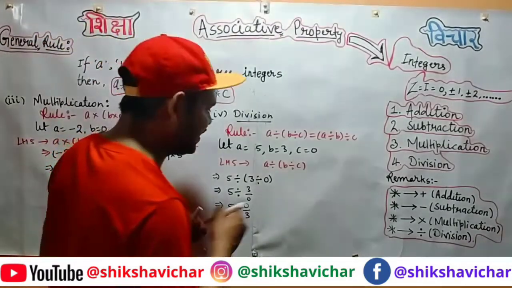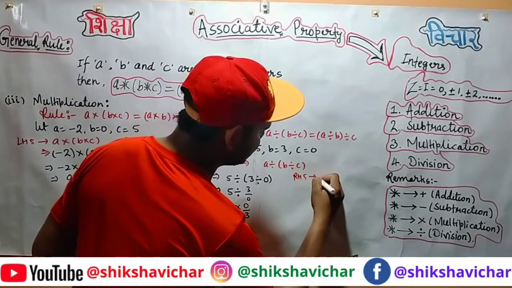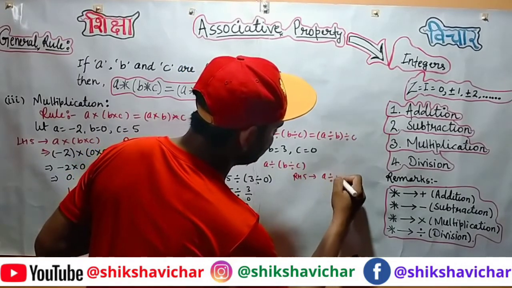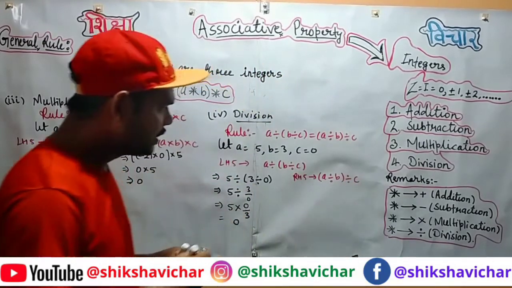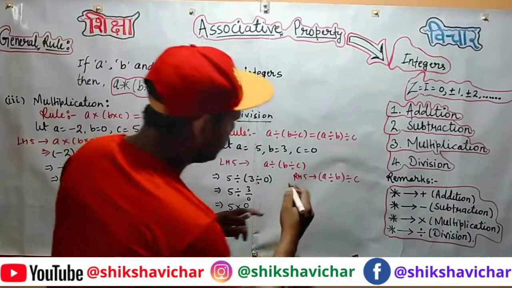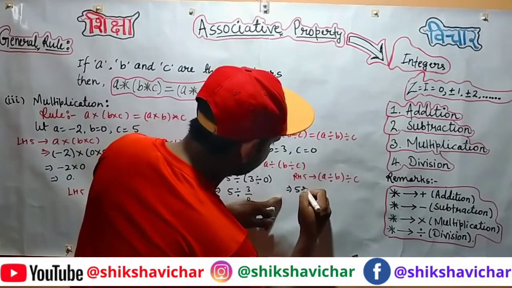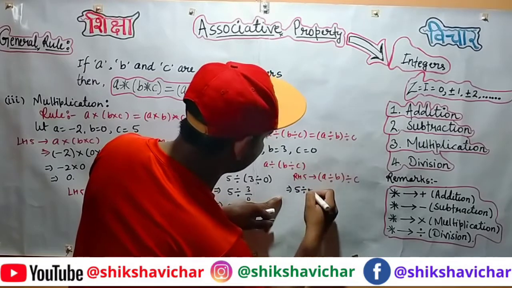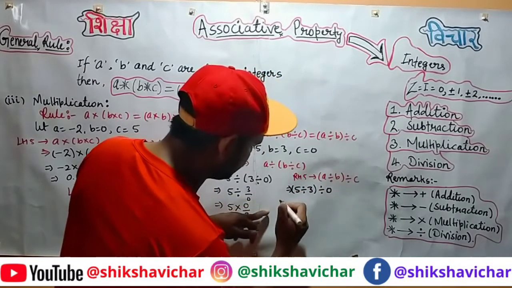Let's check the right hand side. The right hand side is (A divided by B) divided by C. What is the value of A? That is 5, divided by B, that is 3, and divided by C, that is 0.